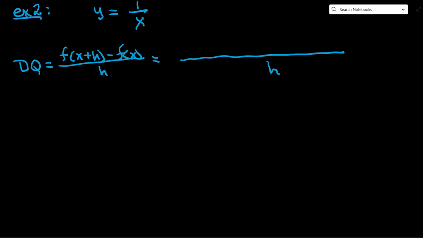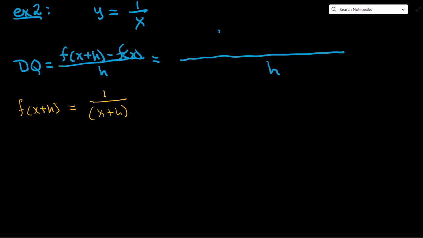F of x plus h is not going to be quite so messy to compute this time. It's going to be 1 over, and then we're going to save a space. Remember, there's an x in the denominator, so I'm saving a space there. And what I'm going to substitute into that space is this x plus h. Okay, that gives us our first term.